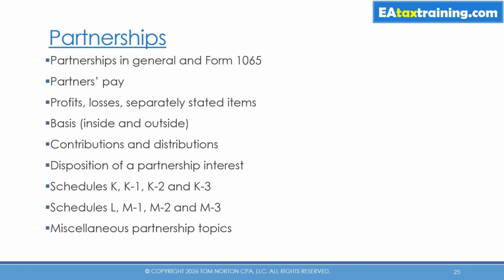Then we're going to talk about basis, both inside basis and outside basis. Then contributions to and distributions from a partnership. Then a disposition of a partnership interest. Then we're going to talk about some schedules, Schedule K, K-1, K-2, and K-3, along with Schedule L, M-1, M-2, and M-3. And then we'll finish up with some miscellaneous partnership topics.